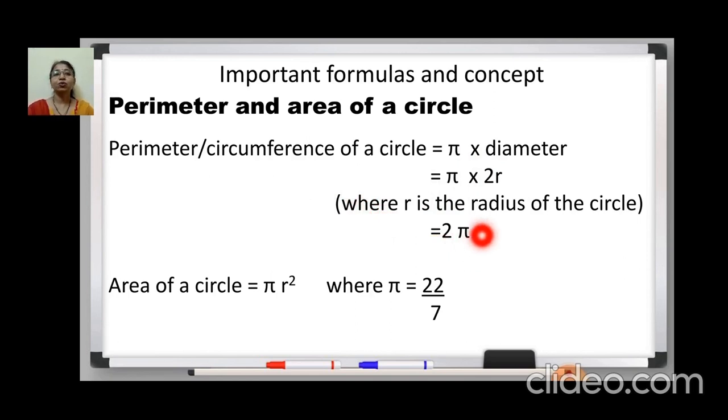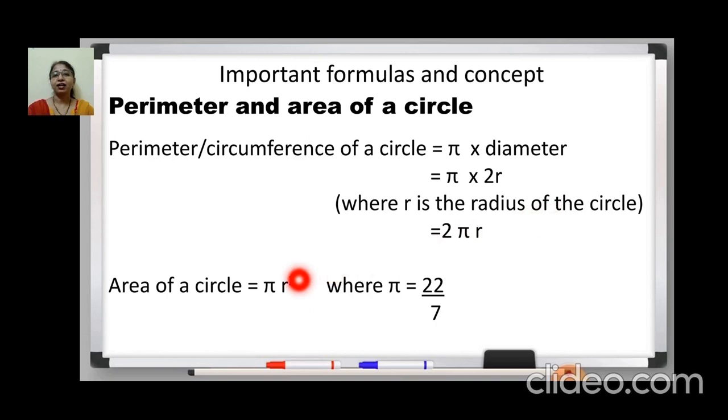Right, so you can use this in two ways. When the diameter is given, directly you use this formula pi into d and calculate the circumference. But if the radius is given, then you use this 2 pi r formula and calculate the circumference of the circle. Then comes area of a circle.